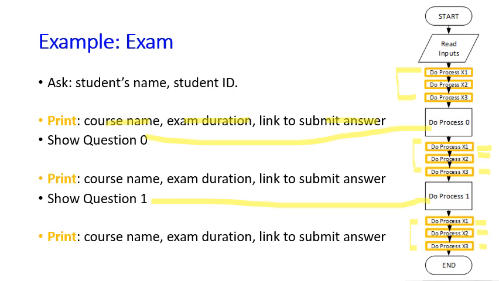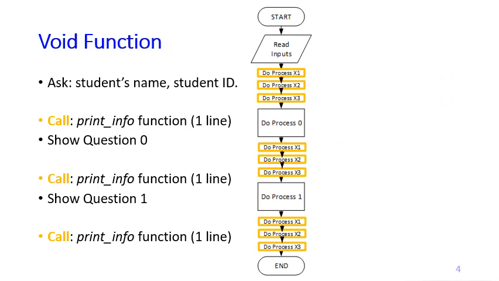So let's see how we're going to do that. So this was our original flowchart in the previous slide. And what we're going to do is that we're going to put these 3 rows into a block, and let's call that block the print info function.